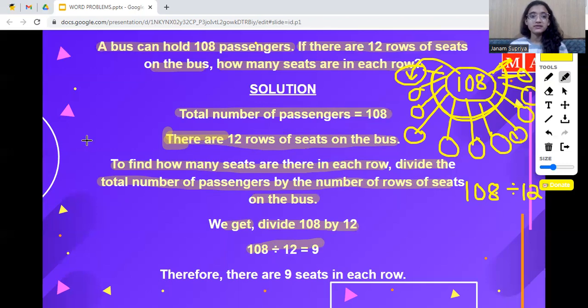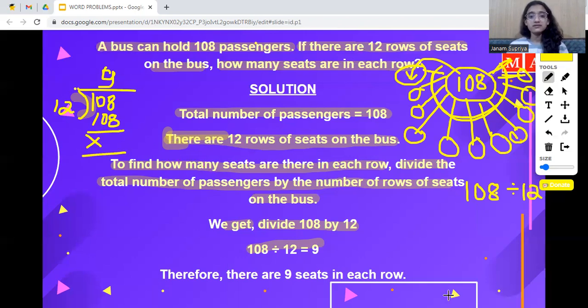When we divide 108 by 12, 12 9s are 108. That's what we get.